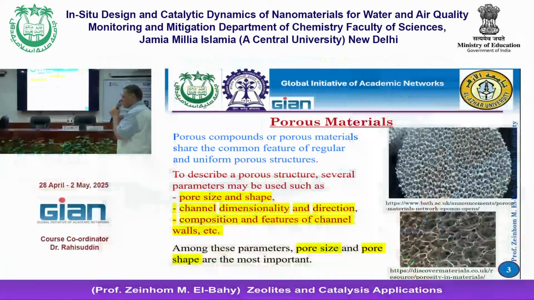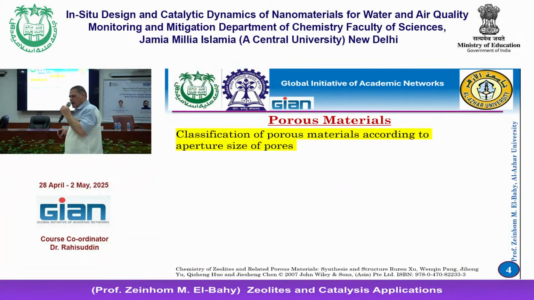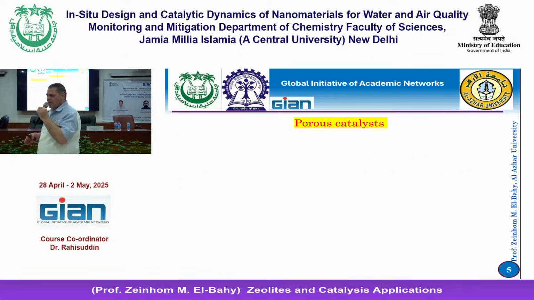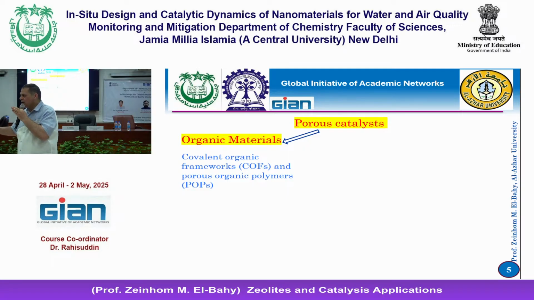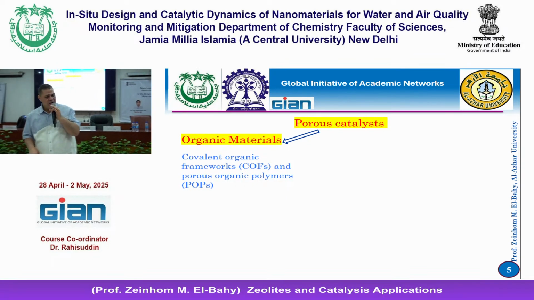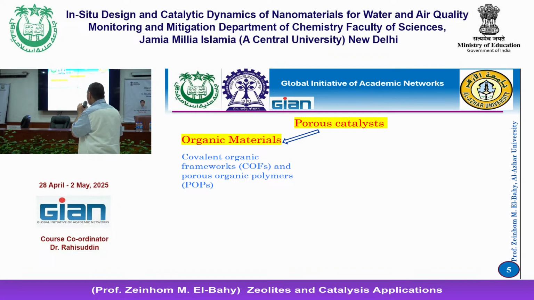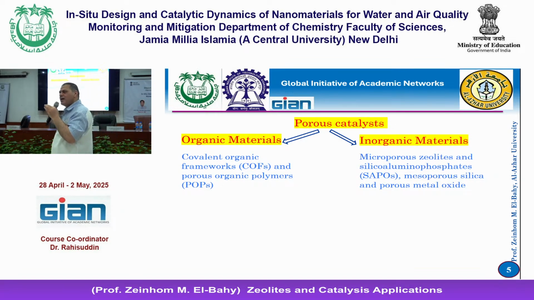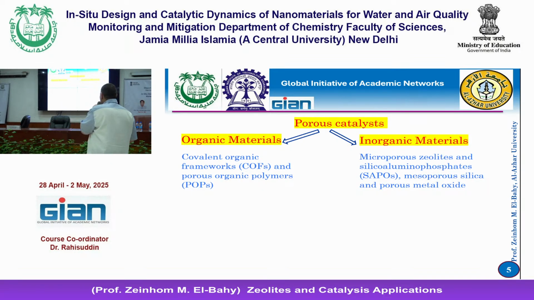Porous materials may be classified into 3 categories. The first one is organic materials, like polymers. Polymers may be porous or not, and also covalent organic frameworks in general, and porous organic polymers. The other category is inorganic materials. In our case, zeolites are an example, and also SAPO, which is silico-aluminophosphate.